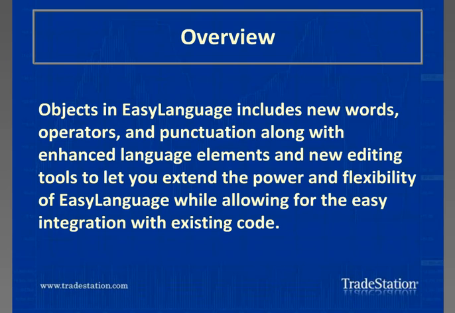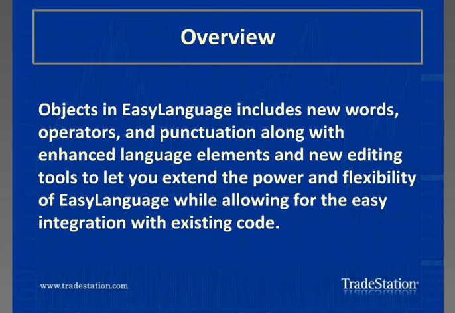So objects in EasyLanguage include a new set of reserve words, some operators, and some new punctuation, along with a vast array of enhanced EasyLanguage functionality and elements. We've also added editing tools to the development environment that facilitate writing indicators using EasyLanguage objects.